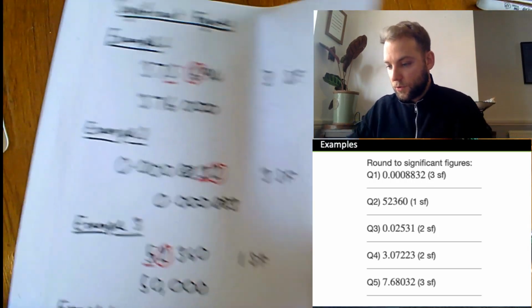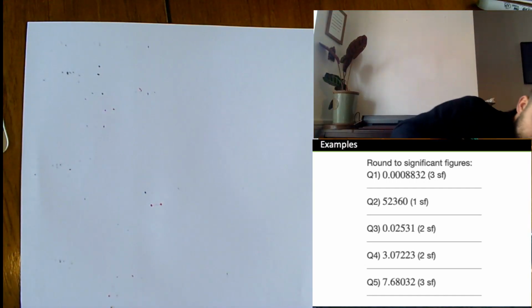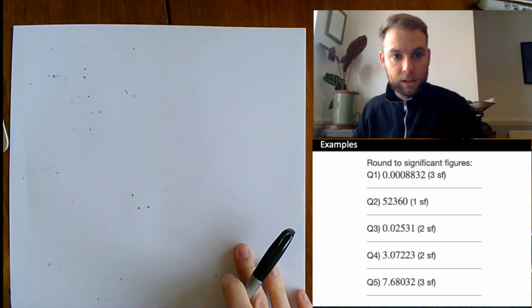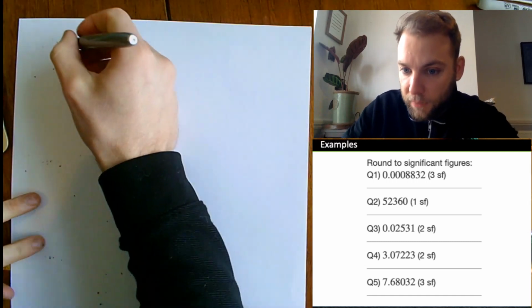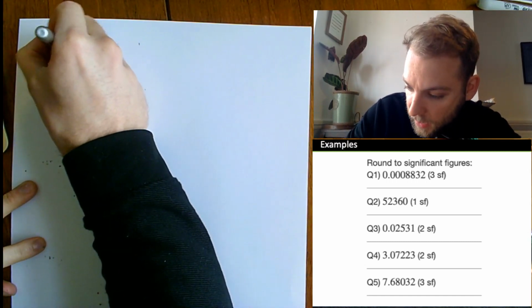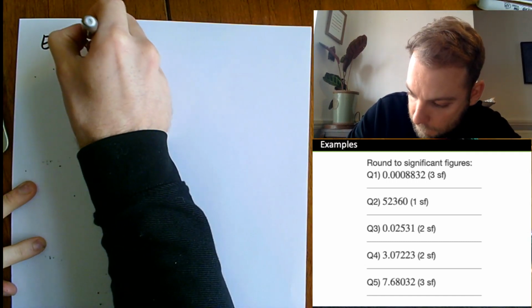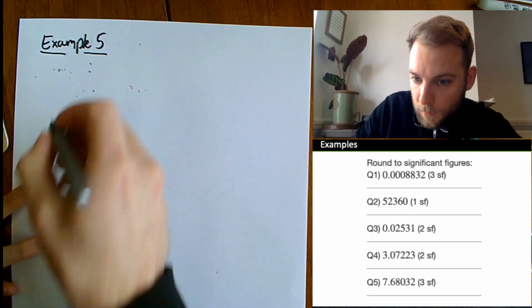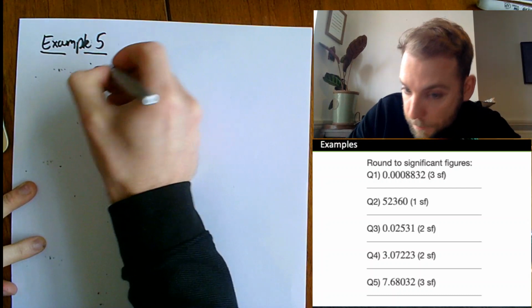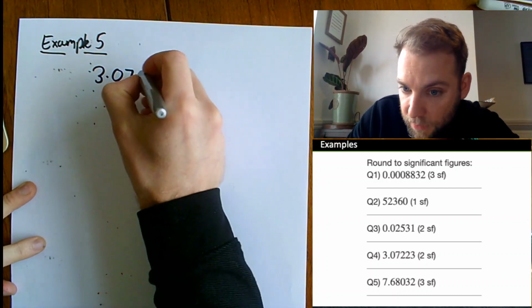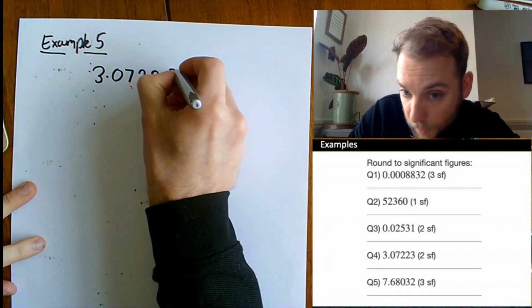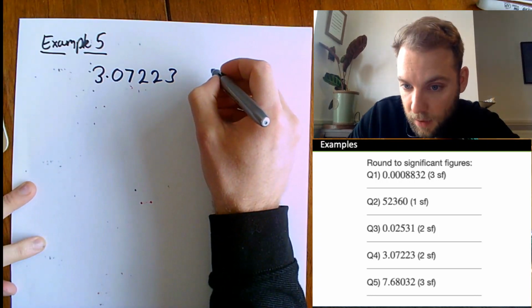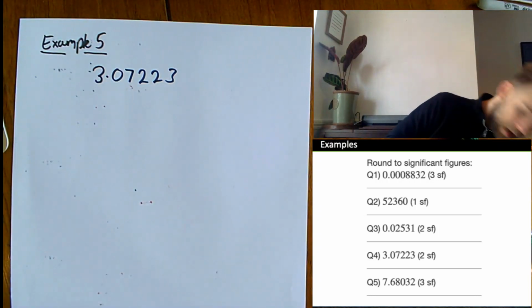So, 2 more to do. So here I've got, this is example 5, I think. So it's going to be 3.07223. That's the last one I've done, isn't it? What a silly Billy.